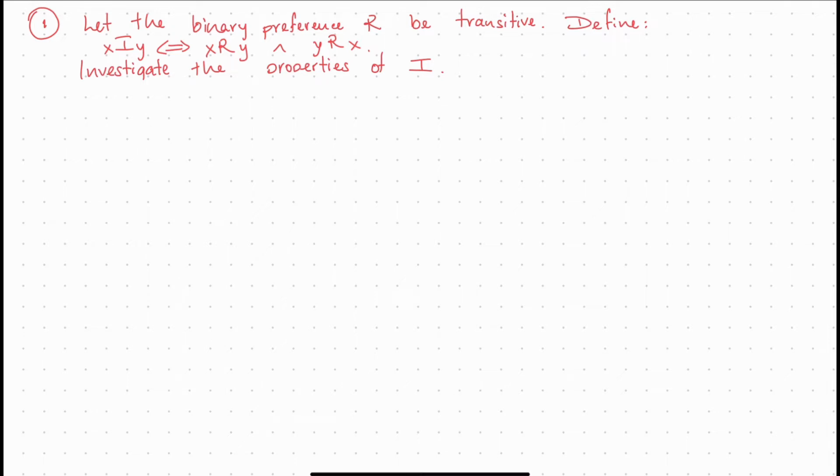And we define the binary preference I given by, let's denote it as star, which is actually the difference preference.